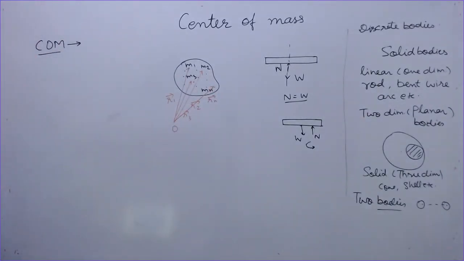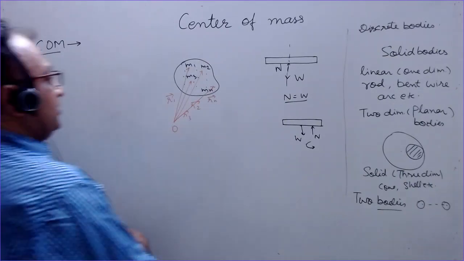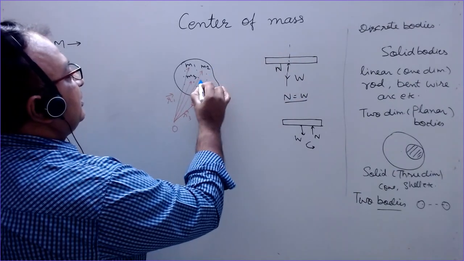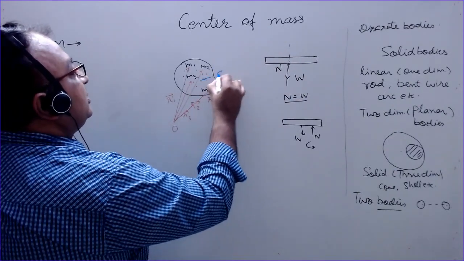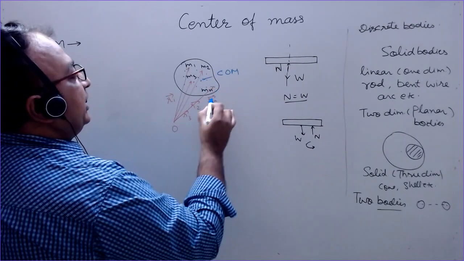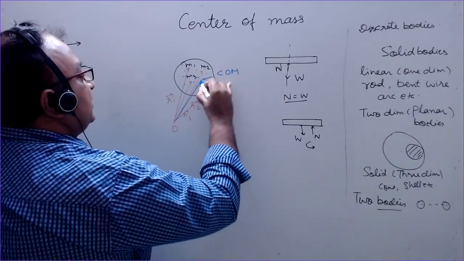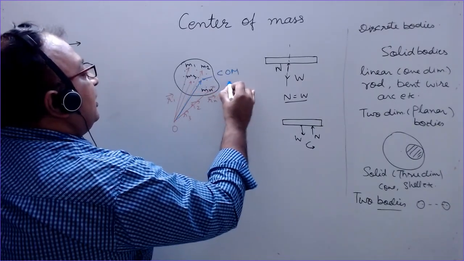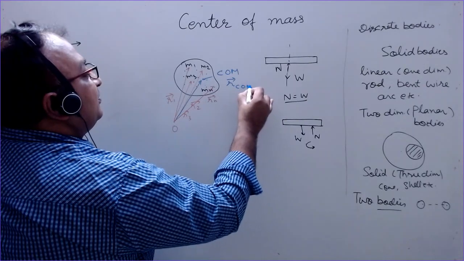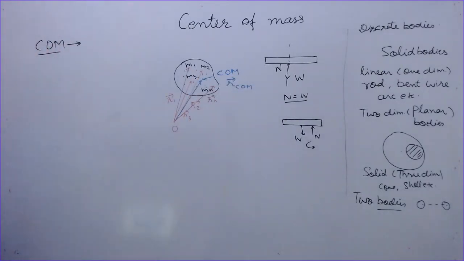So here the force is acting at each point in the downward direction, and if we assume that this point is the center of mass of the body, the position vector of this is RCOM. So here effectively we assume, this is our assumption, that center of mass is the point where effectively the whole of the mass of the body is concentrated.